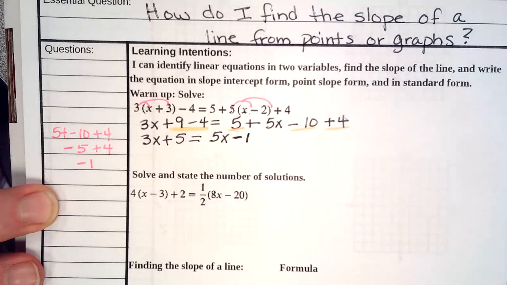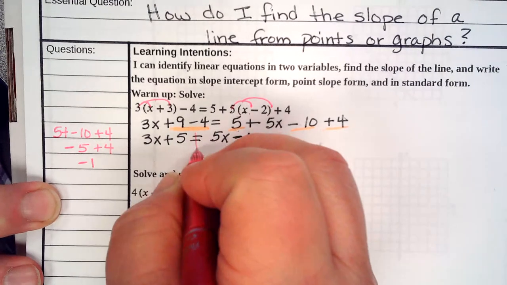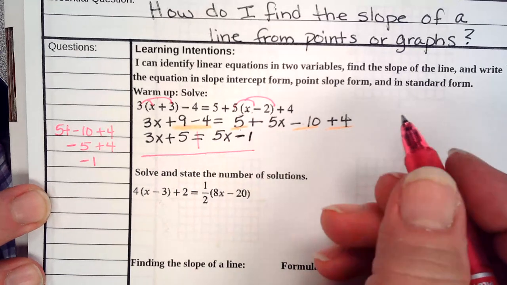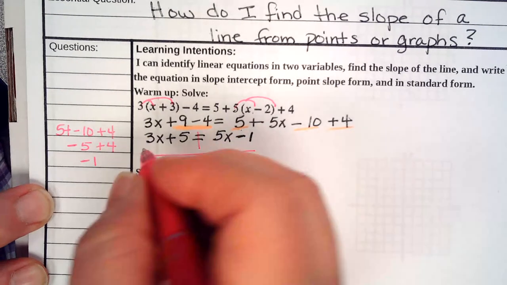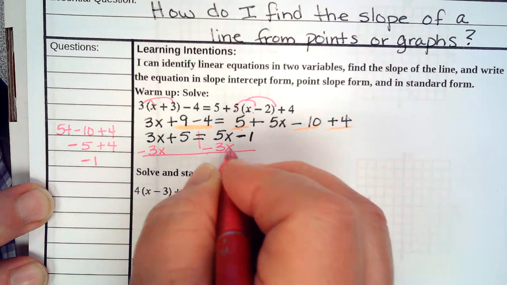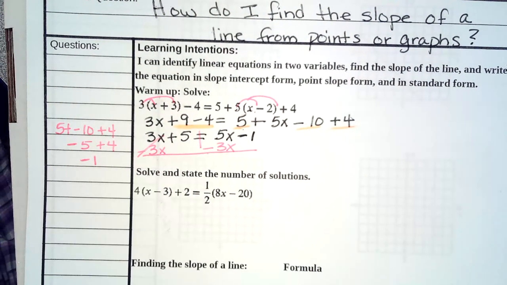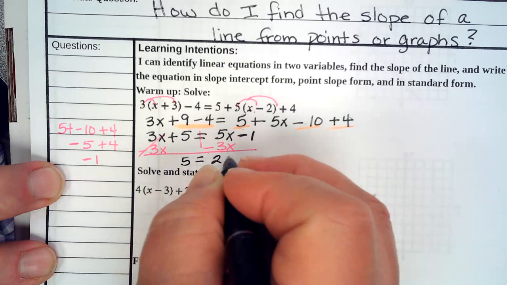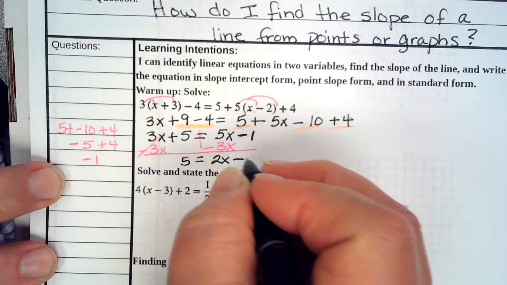Now, we are ready to solve. We look at our variables. Which one's smaller, 3x or 5x? Well, that would be 3x. So we'll subtract 3x from both sides. It's eliminated from here. 5 is equal to 2x minus 1.